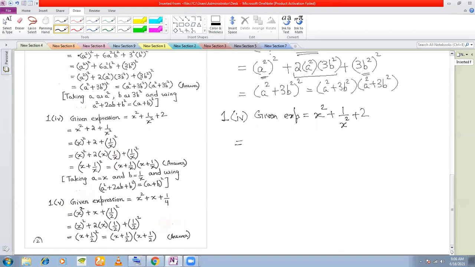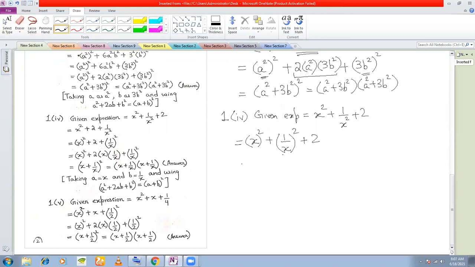Now you see we have our a squared term here. X square can be written as square of x. 1 by x square can be written as the square of 1 by x. See, we already got our a squared term plus b squared term. What is missing here? 2ab. We write 2 as it is in this step. We'll see whether 2 is our 2ab term or not.